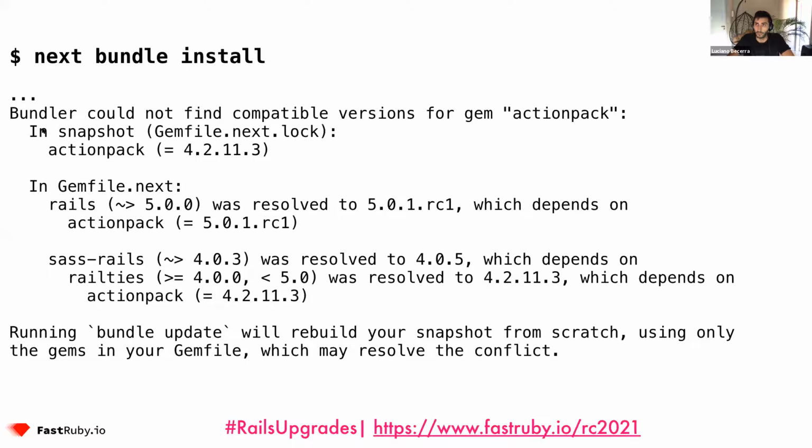If you are using the sample application, you probably see something like this. This means you'll need to add the next conditional that we just saw to some of the gems in your Gemfile. The bundle report compatibility command that we ran before will help you know what are the gems that need that conditional.